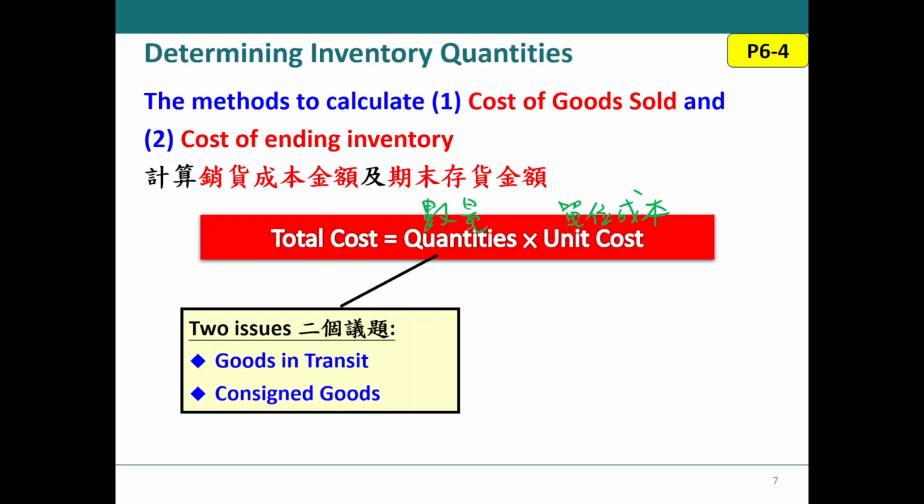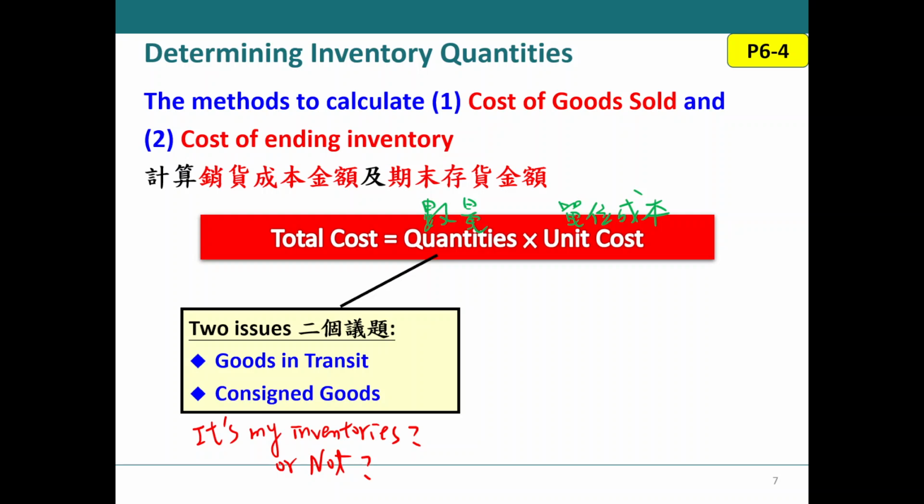So that's the quantity issue we want to talk about. Quantity 1, 2, 3, 4. We have 3 inventory items over there. We want to figure out, is it my inventory or is it not? Okay, so that's the question we want to talk about. Is it mine or is it not mine?